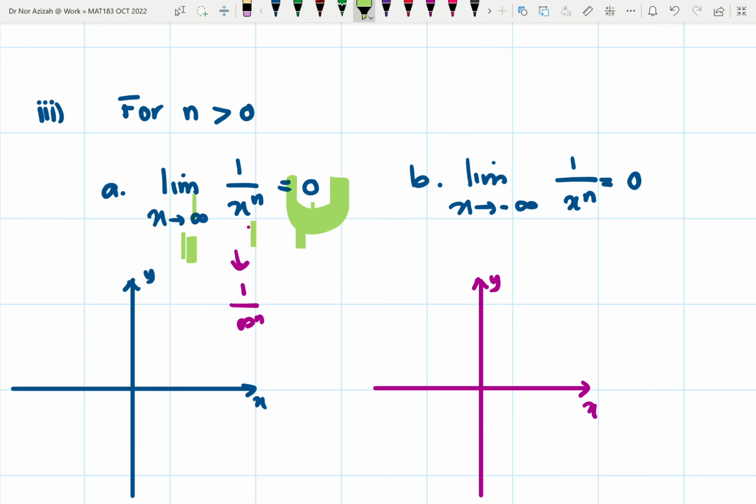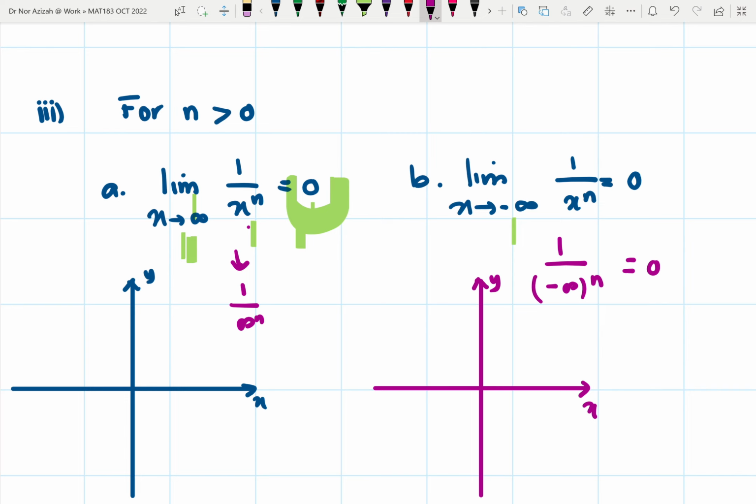For this one, if you want to draw it, draw it yourself. Okay, for this one, when x goes to negative infinity. So when you substitute into the function here, this one is negative infinity to the power of n. 1 divided by the biggest number, you will get close to 0. So the answer is 0. Okay.